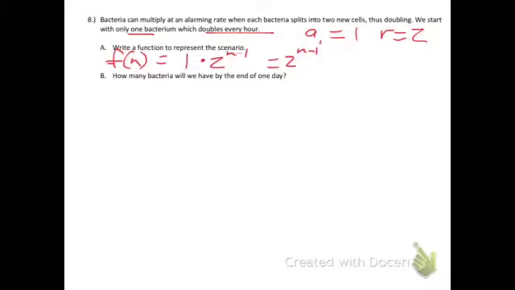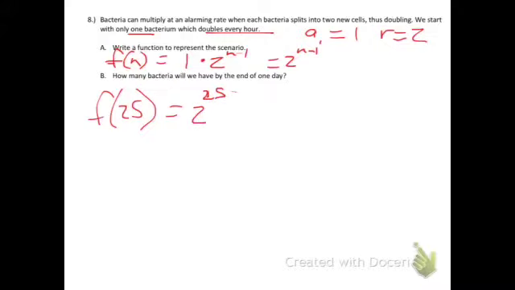So how many bacteria will we have by the end of 1 day? I'm guessing 1 day means 24 hours. And so 24 hours would be the 25th term in the sequence, because if you start with 1, that's after 0 hours. And so we need to do that little shift. So we need to get the 25th term of the sequence.